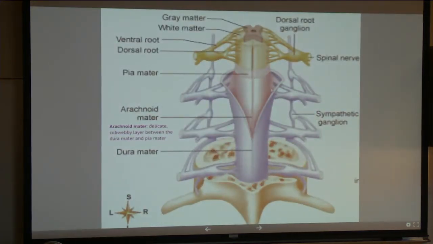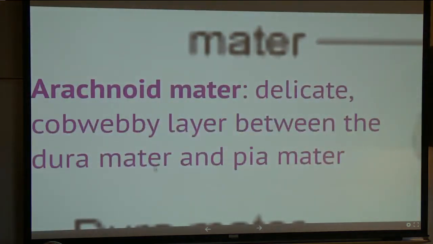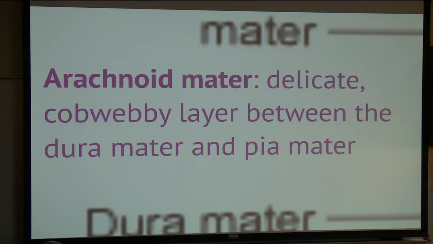Next up, we'll talk about the arachnoid mater, which we can see here in pink. In arachnoid, you should probably be thinking spider-like, spiderweb-like, because arachnoid refers to spider. So it does have that cobweb appearance to it. It's very delicate, so oftentimes you don't really have it when you do the brain dissection because it's so delicate and hard to see.